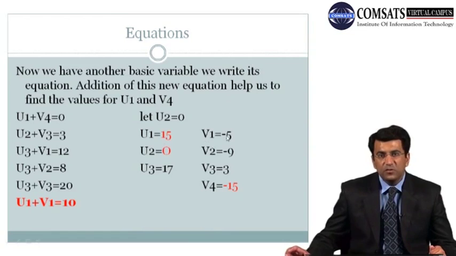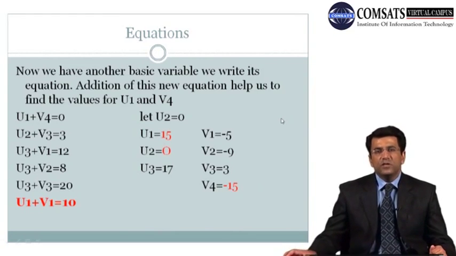Initially we were not being able to compute this value of v1. Now again, class, if we put u1 equal to 15 in the equation u1 plus v4 is equal to 0, the value of v4 becomes minus 15.